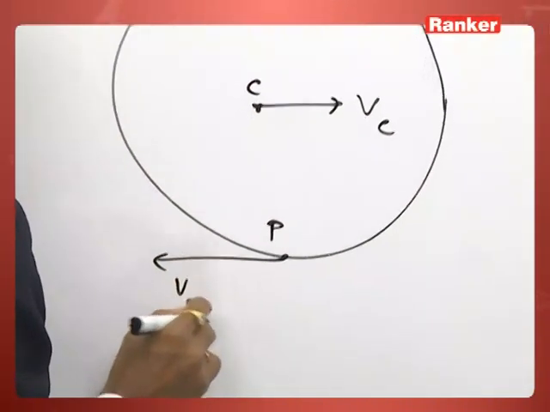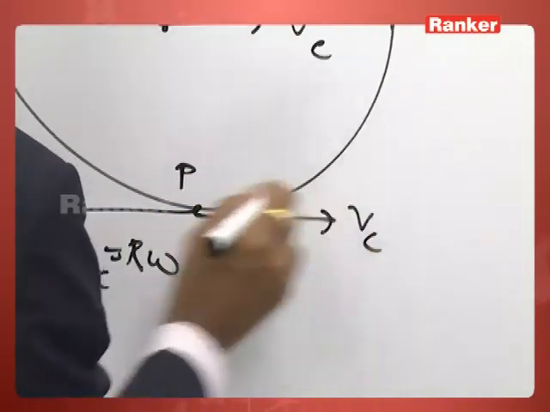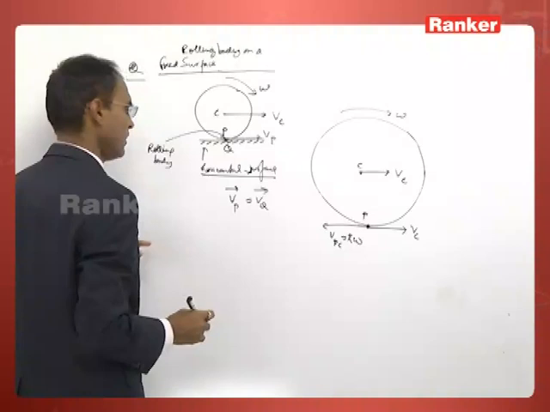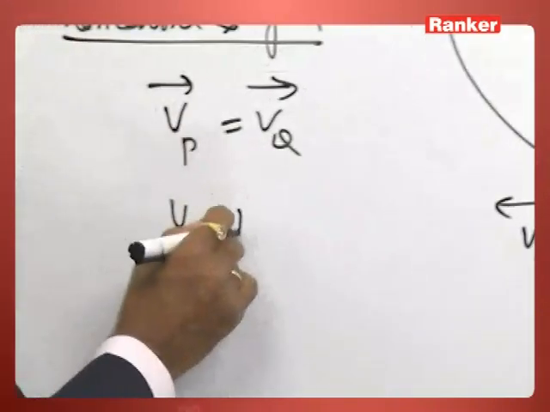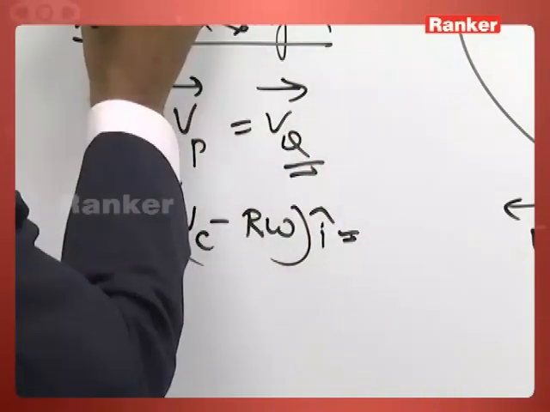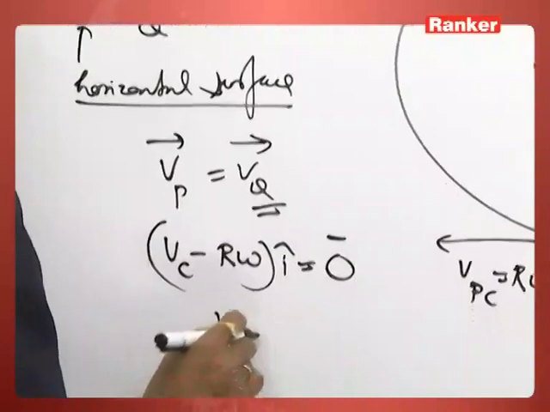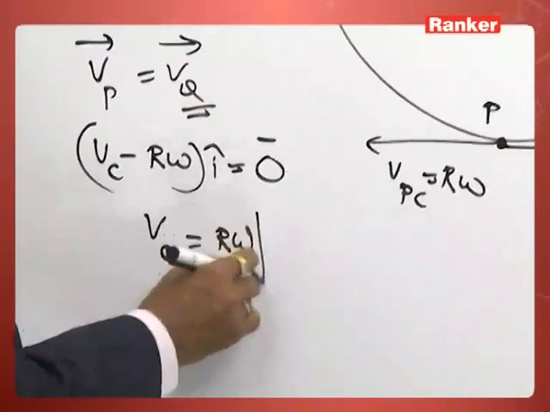This is the velocity of P with respect to C, which is r omega, and this is the velocity of C. So the velocity of this point will be equal to Vc minus r omega I cap, and the velocity of Q is equal to 0. So the condition is Vc equal to r omega.